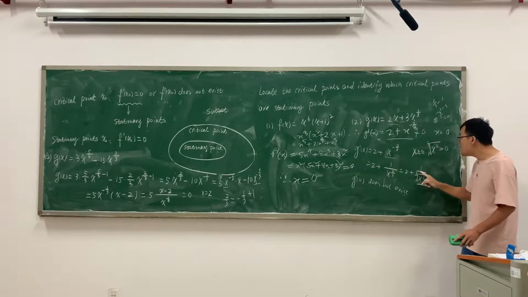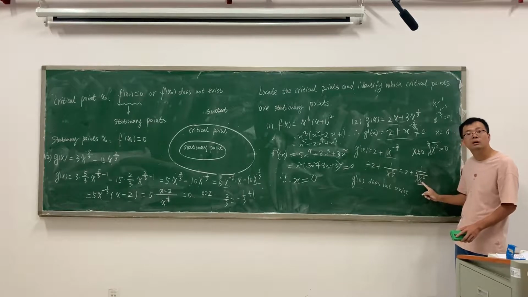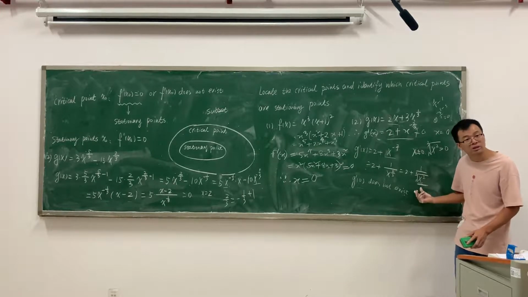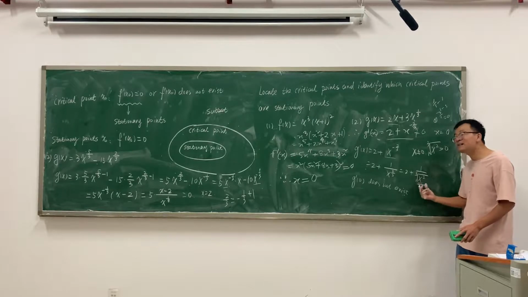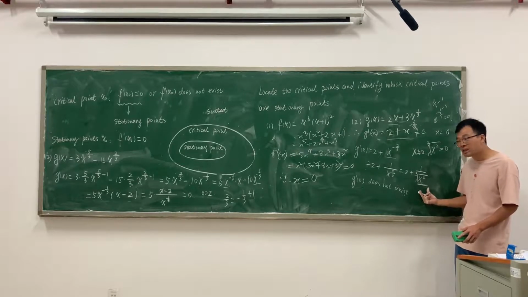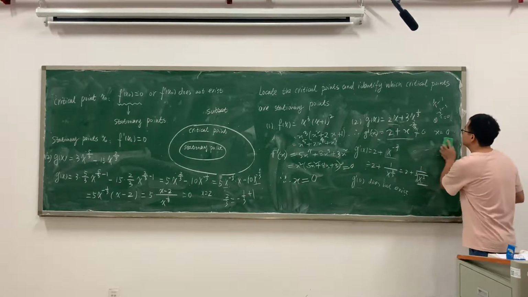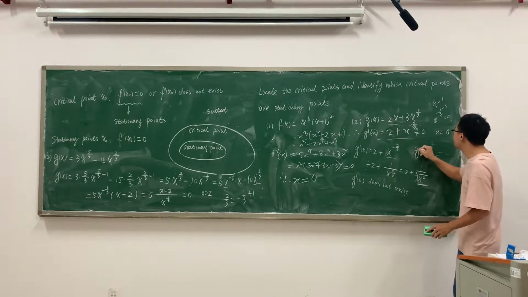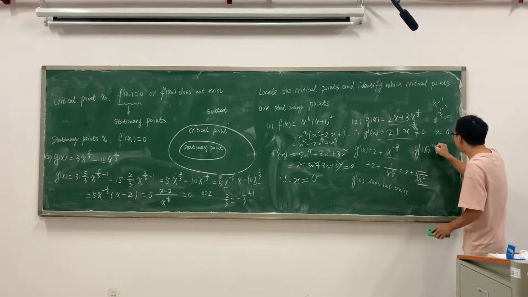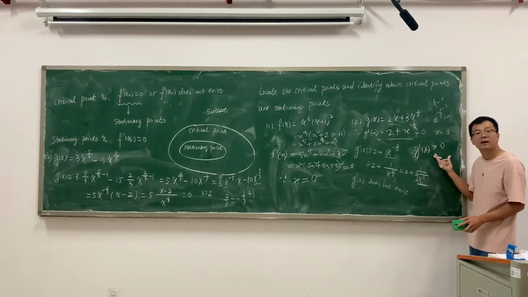So 1 divided by a positive is also positive, and 2 plus positive is positive. So here it means g prime x is always greater than 0.